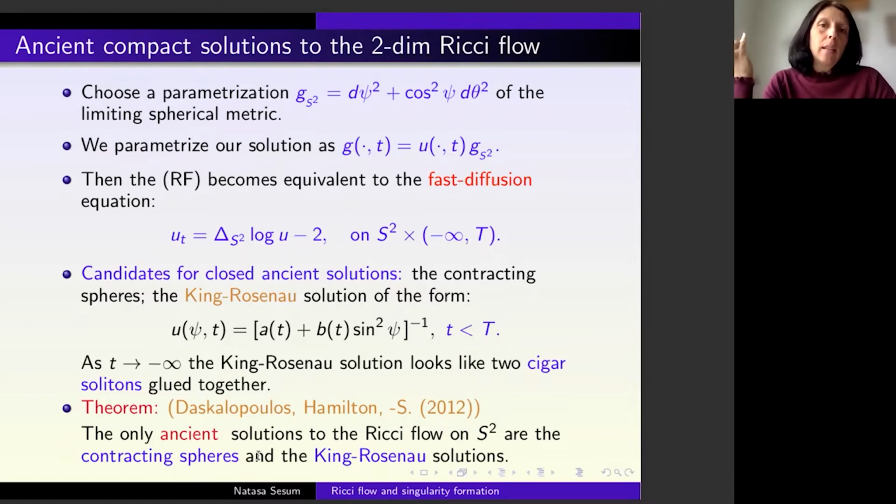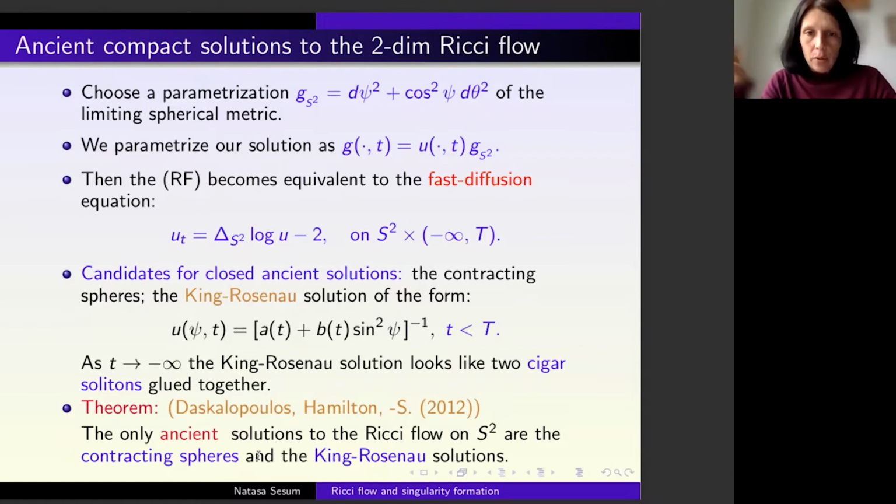So instead of studying the Ricci flow equation, you can just study this logarithmic porous medium equation, which I wrote, u sub t is the Laplacian of log of u minus 2, where the Laplacian is with respect to the round metric on S2. And analyzing the ancient solutions to the Ricci flow is analyzing the ancient solutions just to this PDE. And we have also the candidates for those solutions.